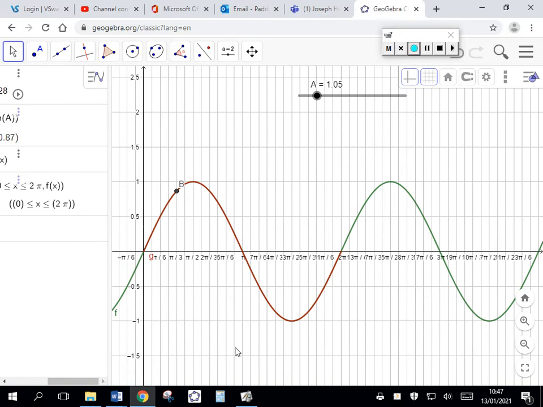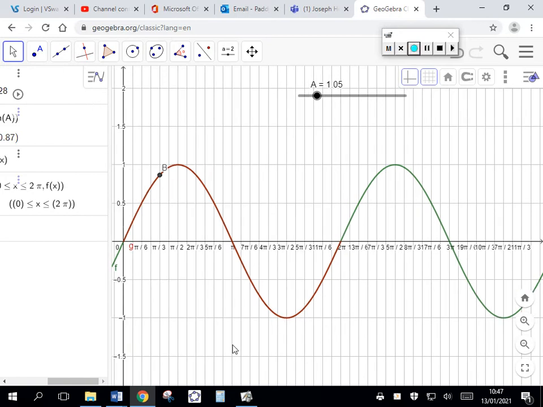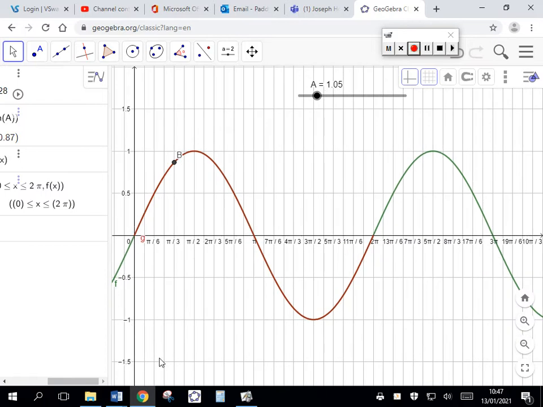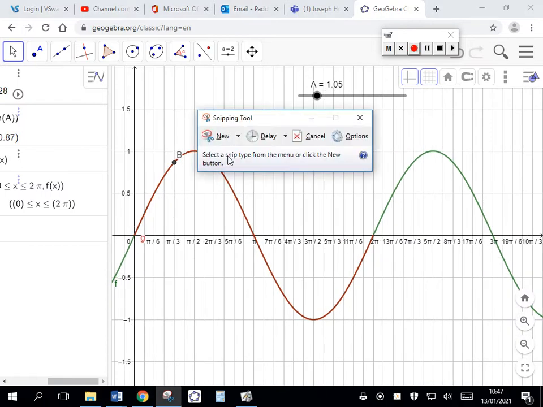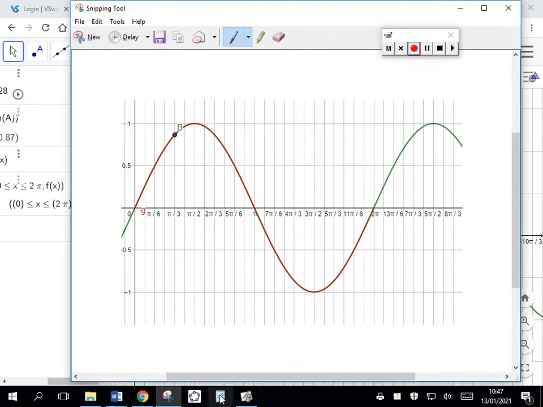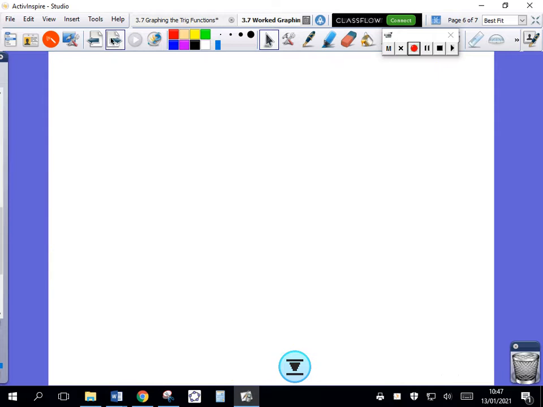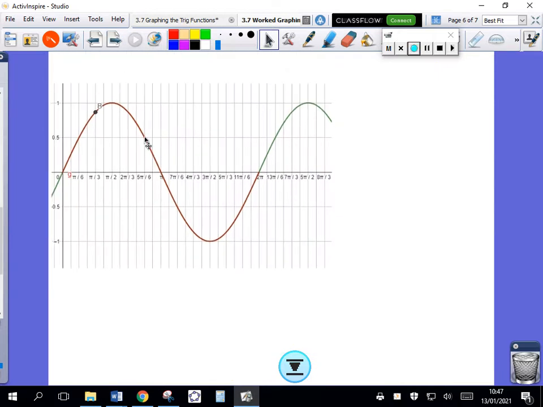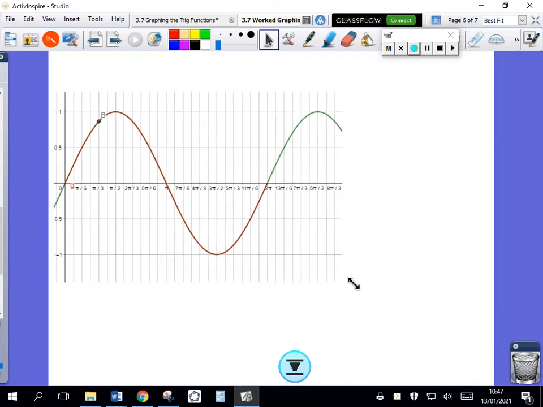Now, some important things to note. I'm just going to copy and paste this using my snipping tool here, on here. Okay, so this is my sine curve.